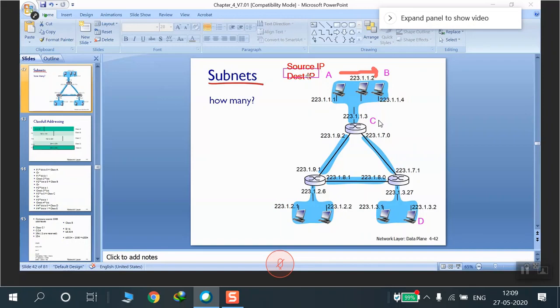After this, the packet is passed on to the data link layer. The data link layer takes this whole datagram from the network layer and adds the source MAC address and the destination MAC address, that is the physical address. How does it get the destination MAC address?